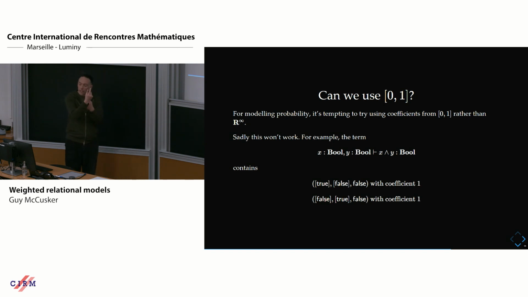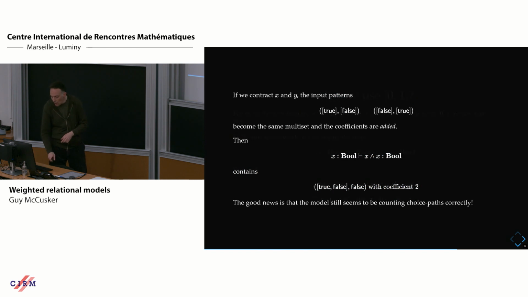And now if I contract x and y together, what ends up happening with the contraction is that you add together the coefficients. And so this thing ends up conflating the patterns true, false, and false, true, of course, because they're just the multiset true and false. And so this term, x and x, you see straight away that it looks at its argument twice, and you discover that there are two ways for this to produce false from the input true, comma, false.